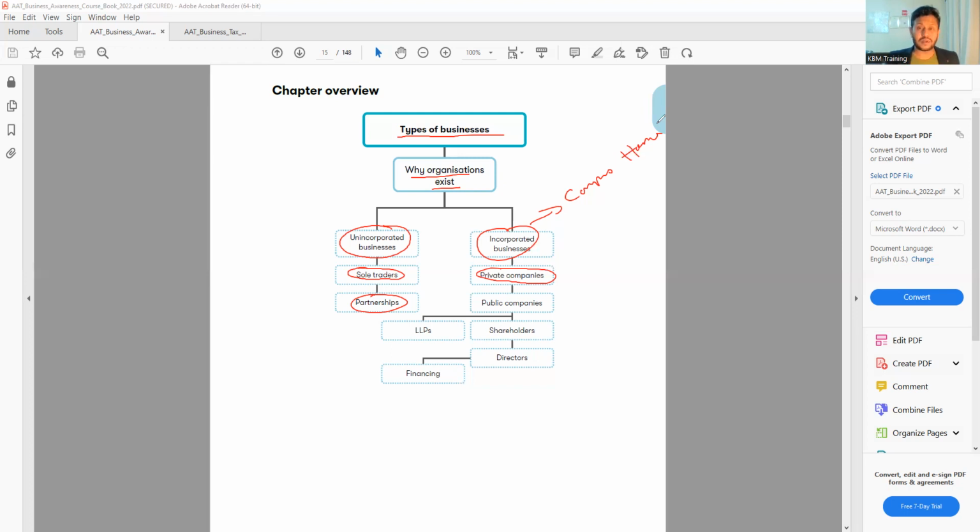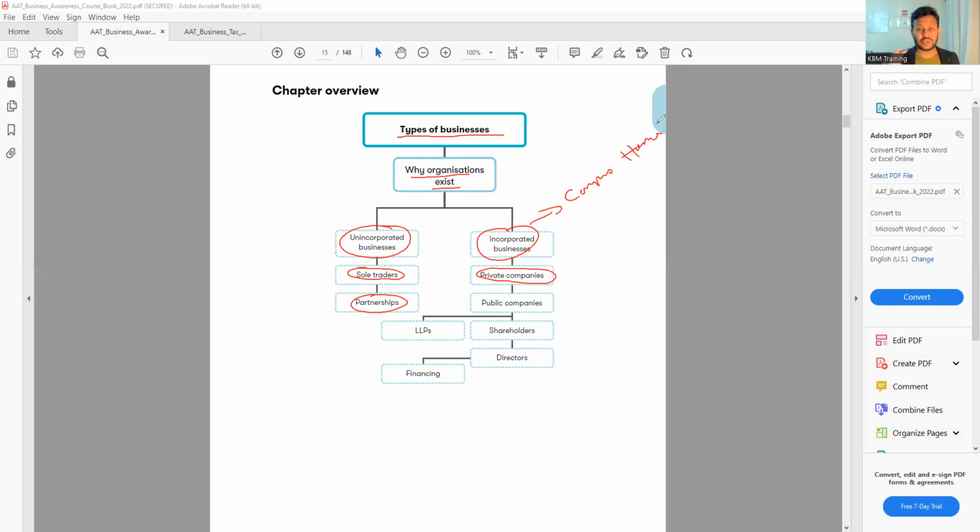The public limited company has to register on the stock exchange and can sell shares to the general public, the way you can see with Tesco or Asda or Sainsbury's, this sort of company. They can sell their shares in the market and raise capital from the market.